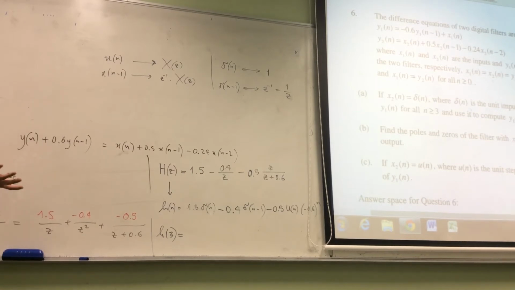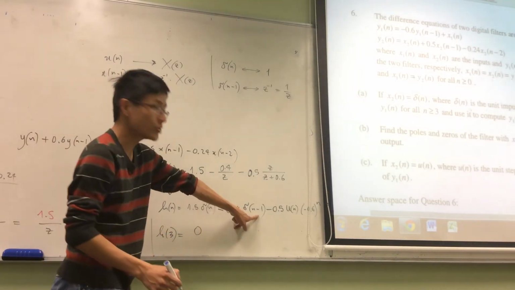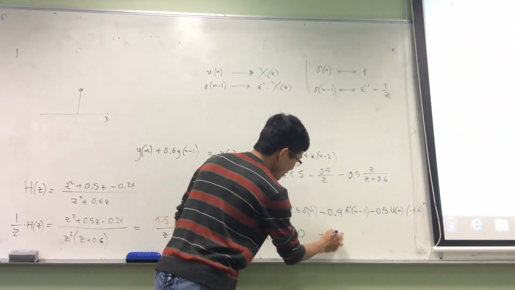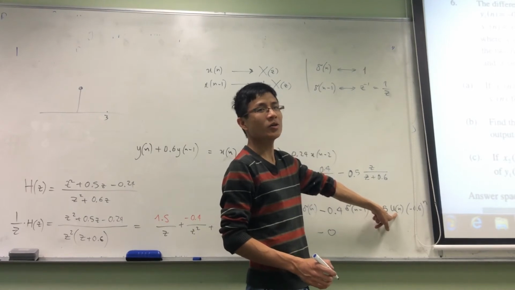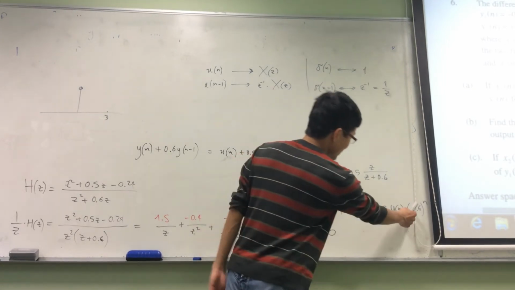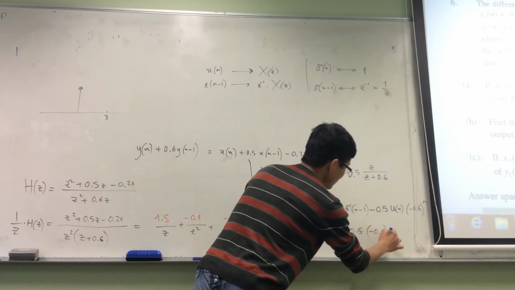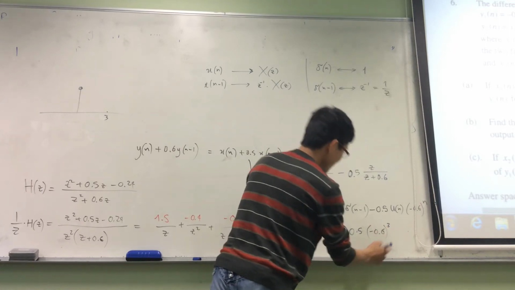Delta function, impulse. So what is the impulse at 3? 0. How much impulse at 2? 0. And how much is u[n] at 3? u[n] at 3 is 1. And this one you just substitute: 0.5 minus 0.6 to the power of 3. That's all you calculate.